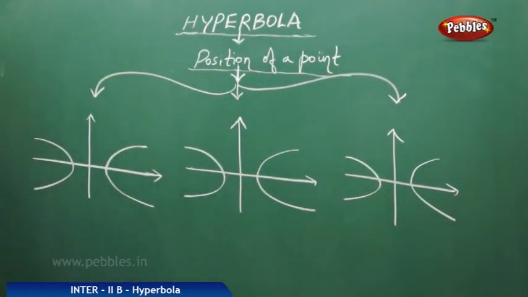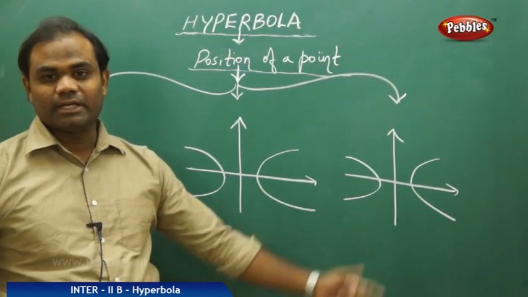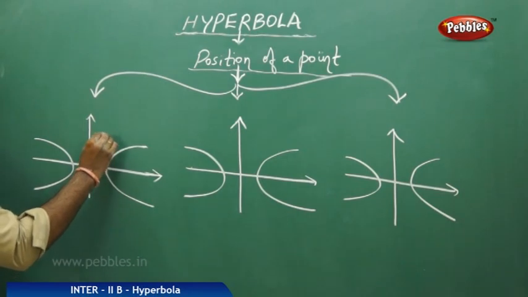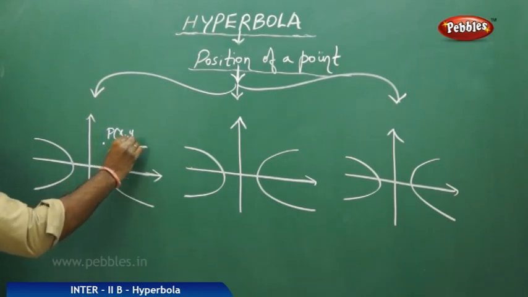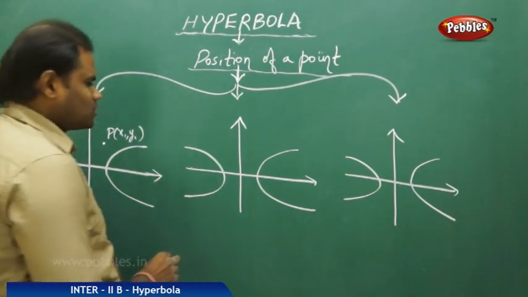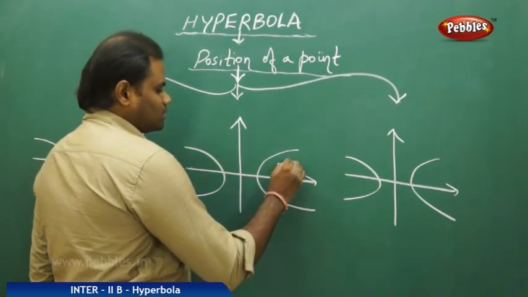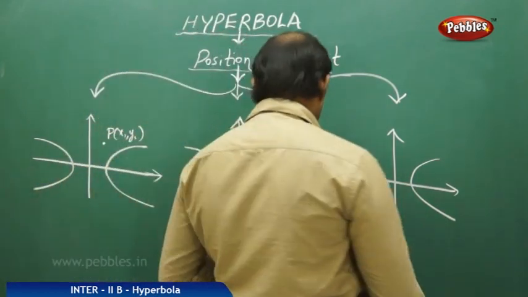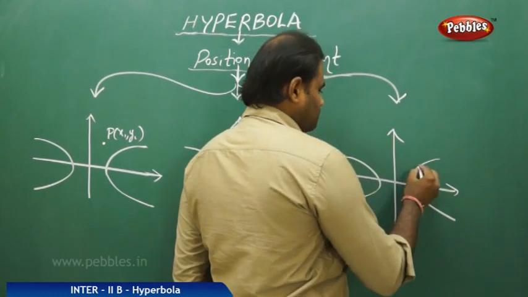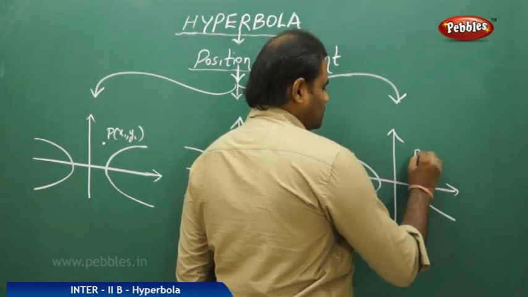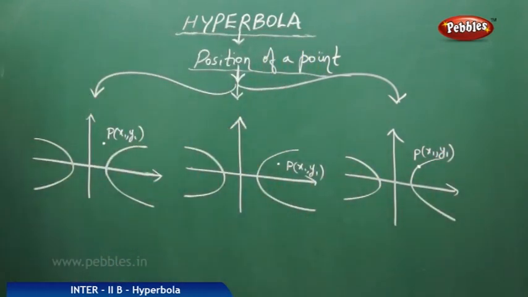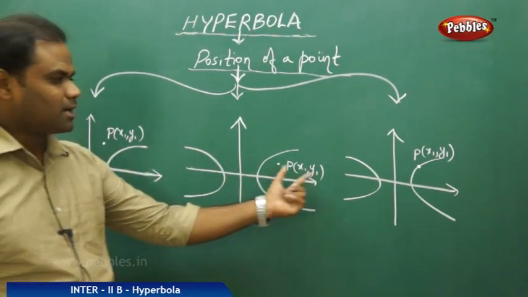So in each of the three cases, case 1 has the point P which is outside the hyperbola, case 2 is where P is inside the hyperbola, and case 3, P is on the hyperbola. So with each of the cases, we identify that here P is outside, P is inside, and P is on the hyperbola.